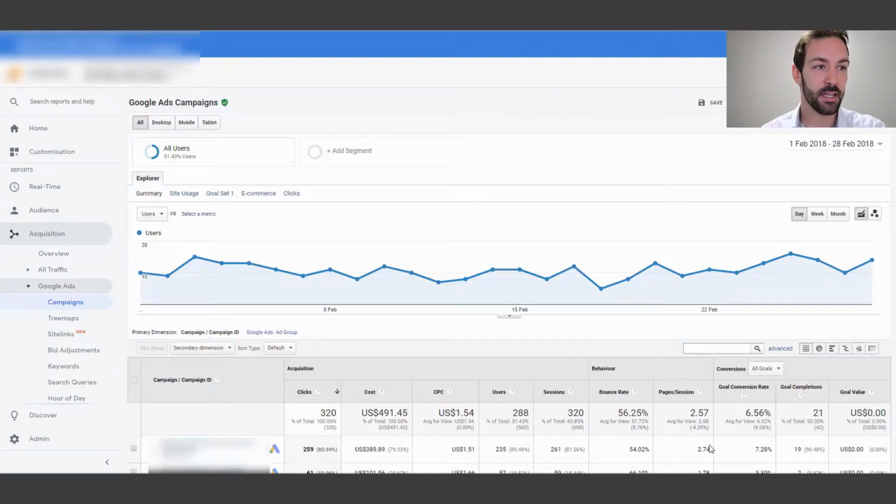And moving across, we can see the conversion rate is 7.28%. So that is just a monster difference. And we have 19 leads. So just a huge difference in the success of this campaign when you get the keyword match types correct. And if you get them incorrect, it can be an absolute basket case.